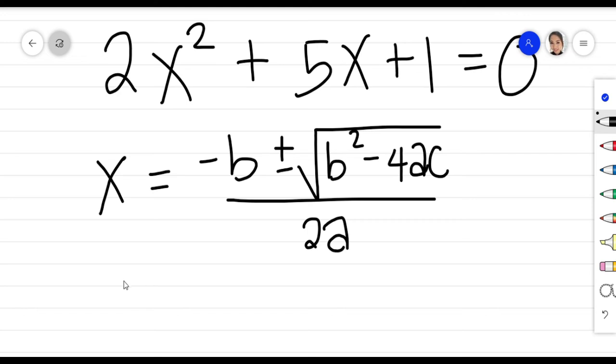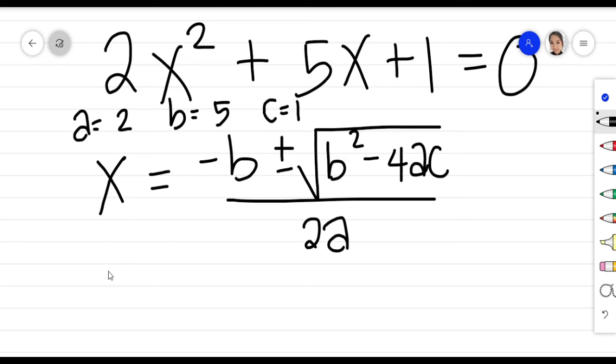Okay? So let's first determine the values of a, b, and c here. Our a is 2, our b is 5, and our c is 1.